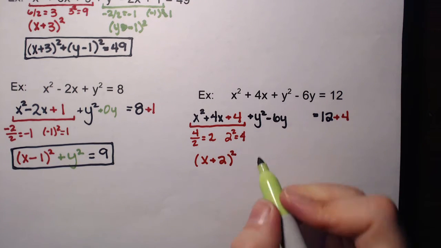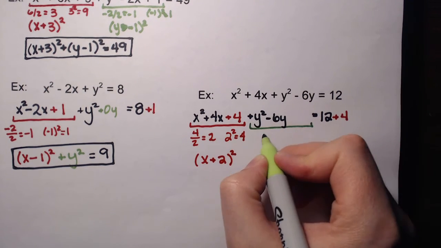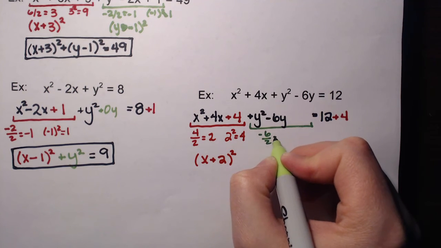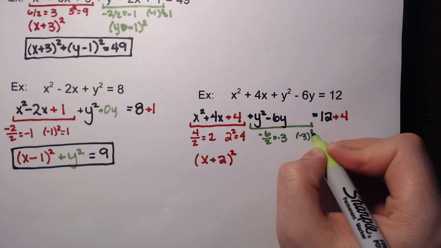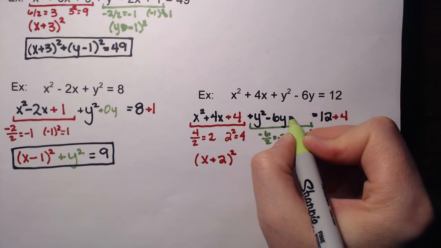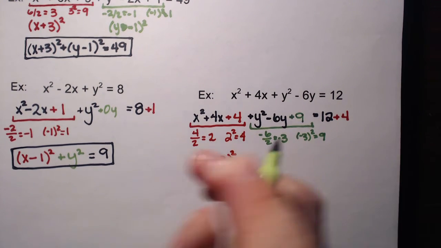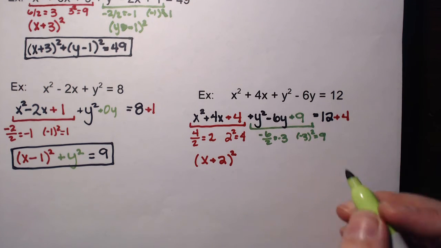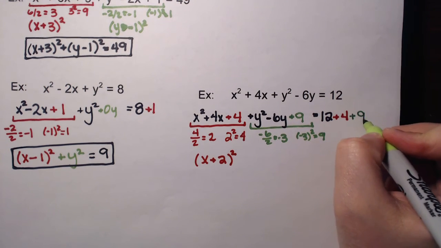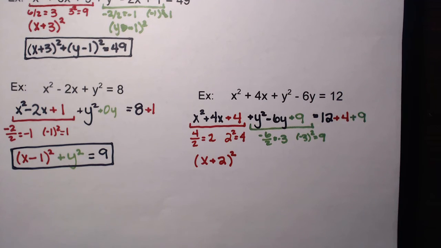Then I'm going to look at the y. Half of -6 is -3. -3 squared is 9. So I'm adding 9 right there. And when I add 9, I have to add that to the other side as well. Make sure you guys can see that.